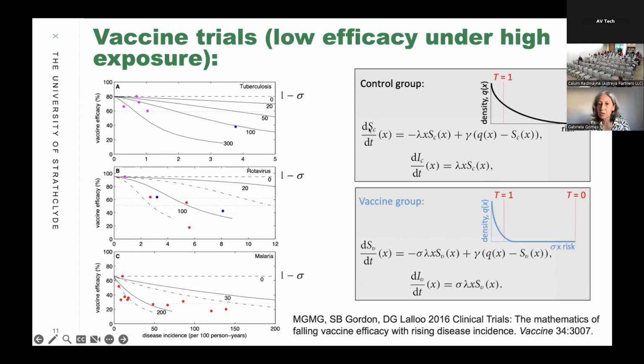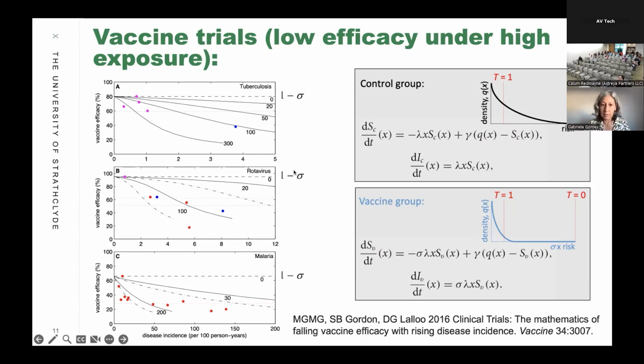I analyze multi-center trials with models that have these susceptibility distributions in them, and I can get these curves that fit this series of data points and this decline of vaccine efficacy as the intensity of transmission increases.